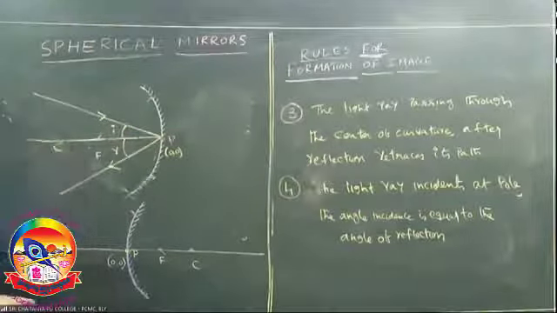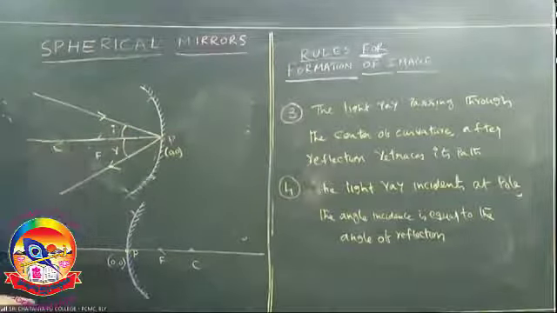Comparing equation 1 and 2: PC tan theta is equal to PF tan 2 theta. But previously we studied that when the angle is very, very small, tan theta and sin theta can be taken as simply theta.